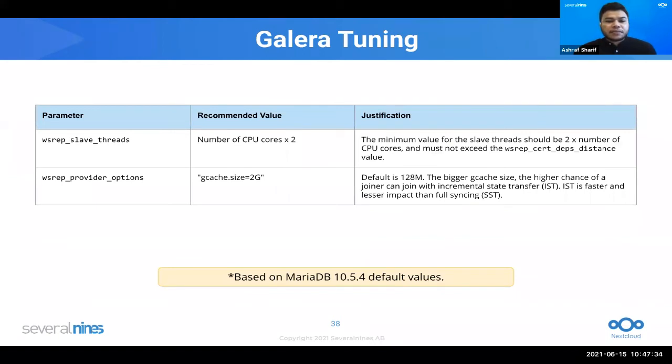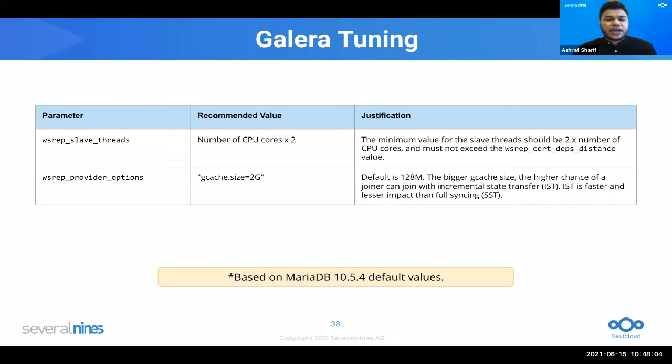Okay, for Galera, the default wsrep_slave_threads for MariaDB Galera is 1, which means no parallelism. So set this value to the number of CPU cores the server has, or you can set it to x2 if you have hyperthreading enabled. But this value should not exceed the wsrep_cert_deps_distance value. It is the average distance between the highest and the lowest Galera sequence number that can be applied in parallel.